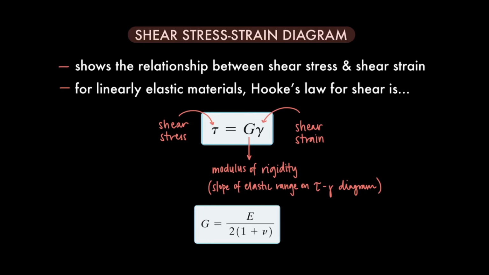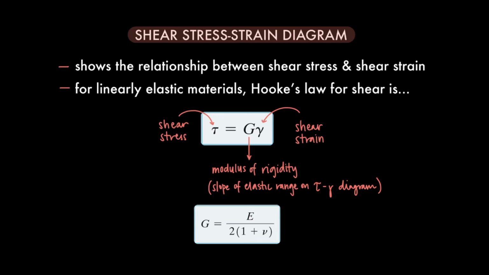And finally, we have our last key concept. We'll briefly skim over the shear stress-strain diagram since it's very similar to the normal stress-strain diagram. You can probably tell from its name that a shear stress-strain diagram shows how shear stress varies with shear strain for a material.